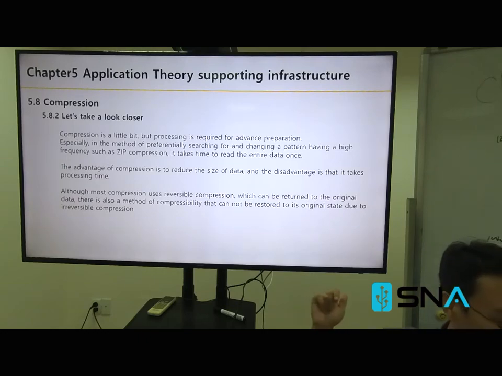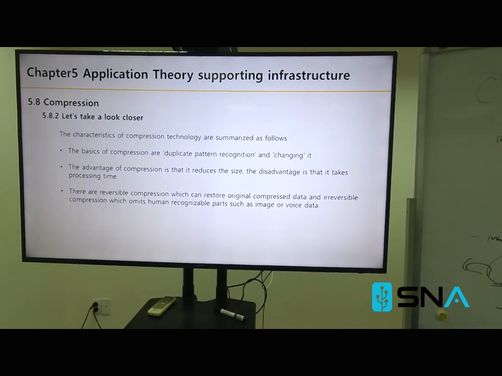The characteristics of compression technology are summarized as follows. The basics of compression are duplicate pattern recognition and replacing it. The advantage of compression is that it reduces the size.